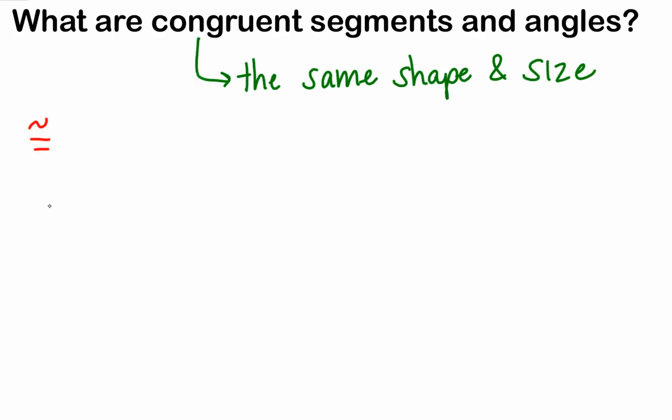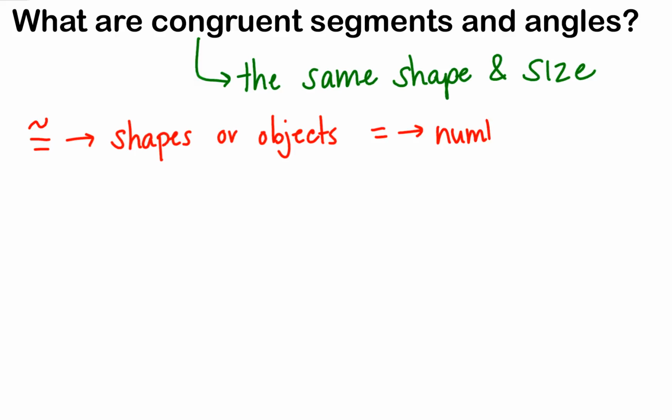This symbol means congruent. We use congruent to describe shapes or objects, and we would use an equal sign, or equals, to describe numbers or values.